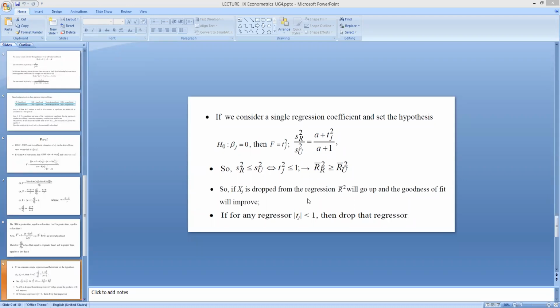Otherwise, your unrestricted model will be better than the restricted model. Only in case of mod t less than 1, or F or t square less than 1, R bar square of the restricted model will be better, so go with the restricted model.